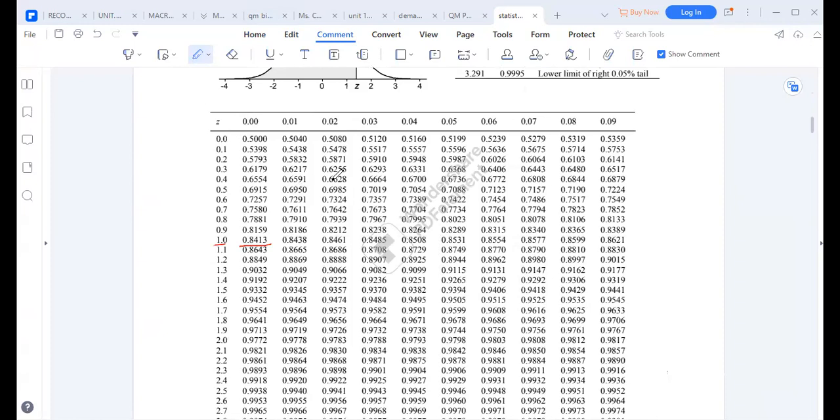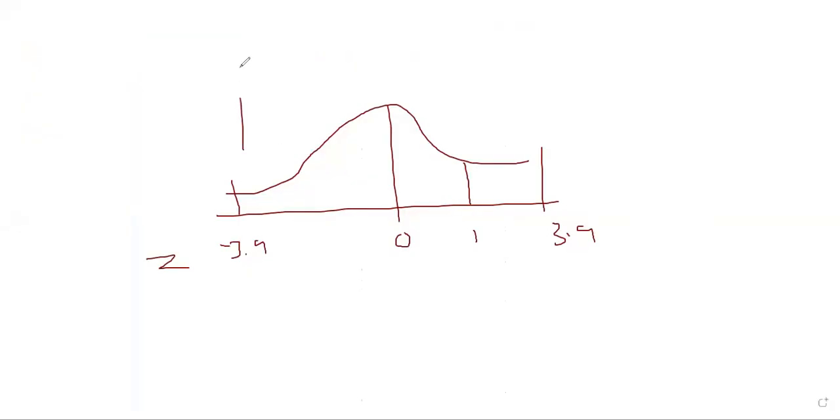0.8413. It means the reading from here to 1 there is about 0.8413. So this means that this is about 84.13%, 84%, which makes sense. If you're going to read the reading from here up to 0, it should be 50%.